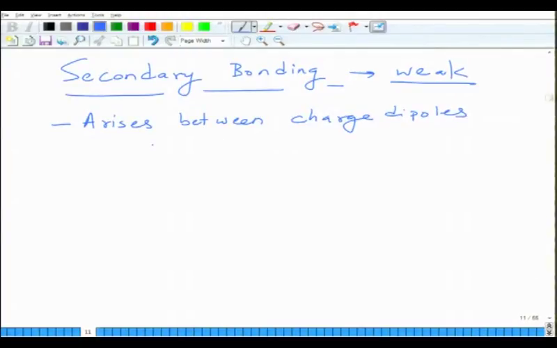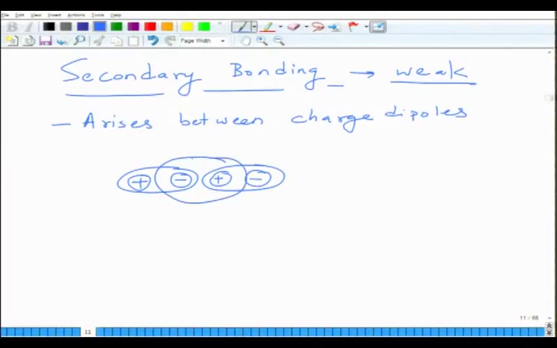For example, let's say you have a situation like this, where normally the center of negative and center of positive charges will coincide, but let's say you have a center of positive charge here and center of negative charge here, and similarly you have a neighbor which also has a similar configuration, center of positive charge here, center of negative charge here.